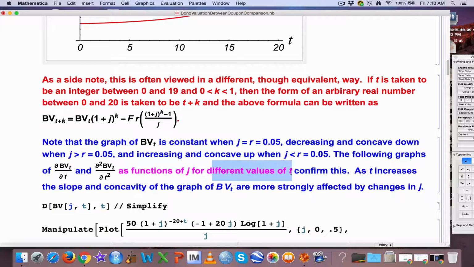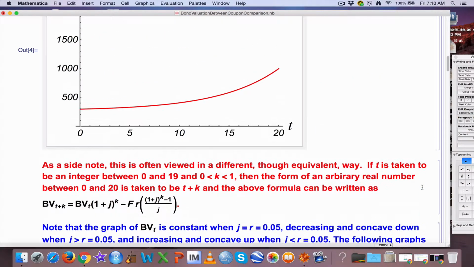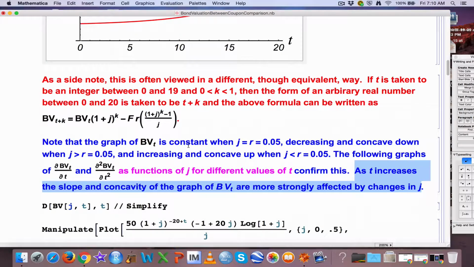I'm going to make an animation as t varies, a slider for t, and see graphs of these things as functions of j for different values of t, and we're going to try to understand what it tells us about the original graph. We're also going to see that as t increases, so that in this graph you move to the right, the slope and concavity are more strongly affected by changes in the yield rate j.